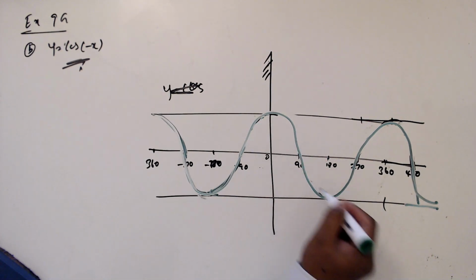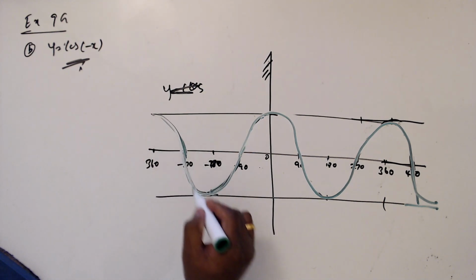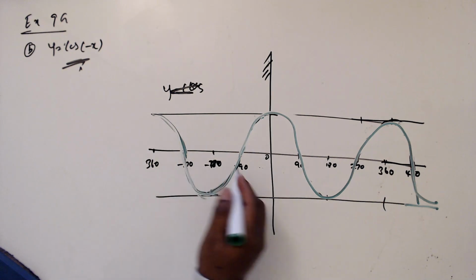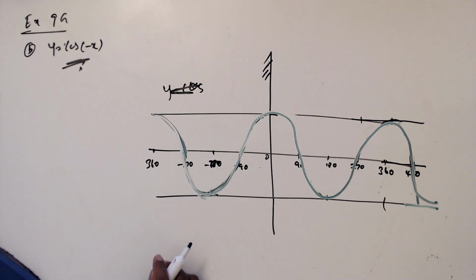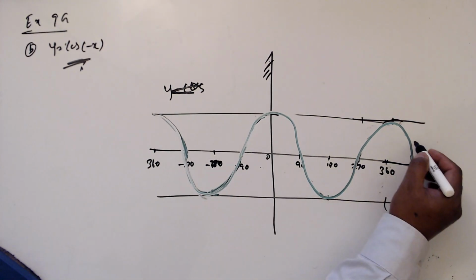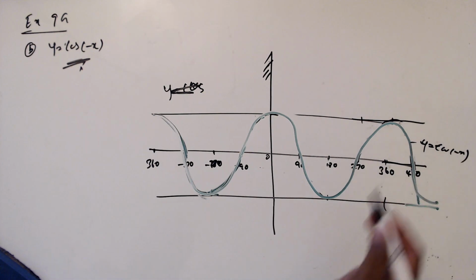We use y equals cos x to get an idea, otherwise you don't need it. If you know how to draw y equals cos minus x, you can straight draw like this. So this is the y equals minus cos x graph, and y equals cos minus x.